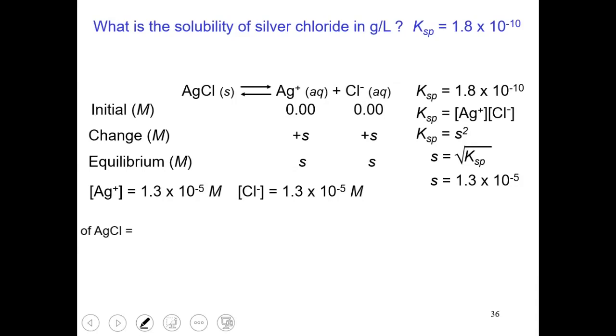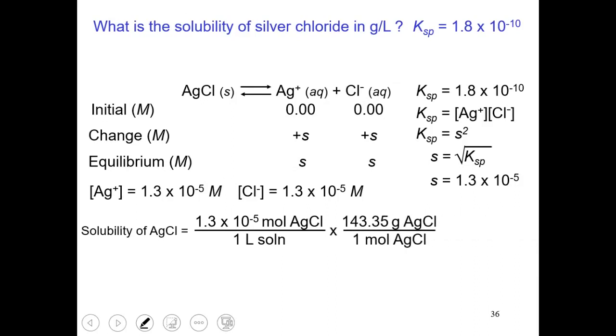Okay, so we have moles per liter here, right? So you know how to convert that, right? That means you have 1.3 times 10 to the negative 5 moles of compound dissolved per solution per liter. And we need grams, so we're going to multiply times the molar mass of silver chloride, which is 143.35 grams per mole.